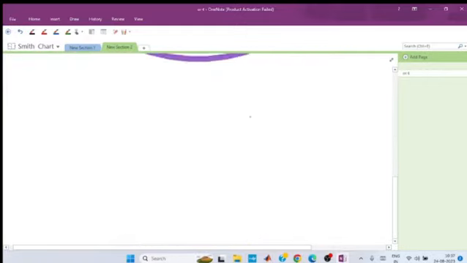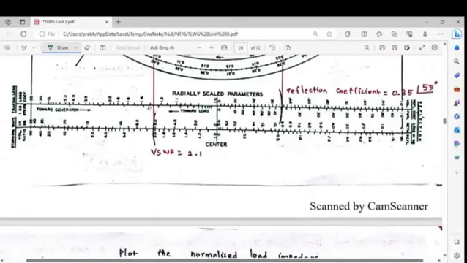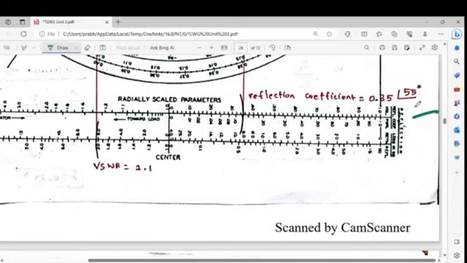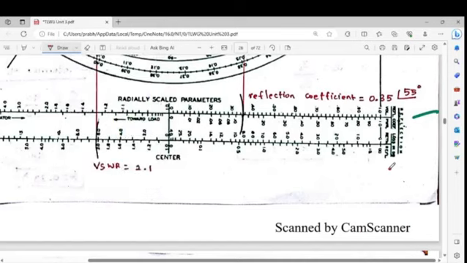In addition to that, there is something called the radially scaled parameters. Here we are going to see the reflection coefficient. So here are VOL and REFL, reflection coefficient, and PWR.